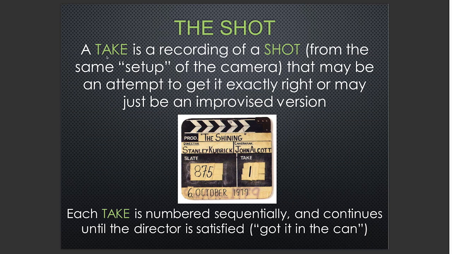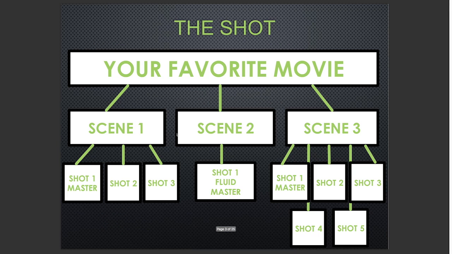So the take. Remember in our last project, we had many different takes, and that is for every shot. You may have the master shot, and then you got shot one, shot two, shot three, shot four. Well, for each of them, you might have 20 takes of the master shot because it took 20 times to get it right.